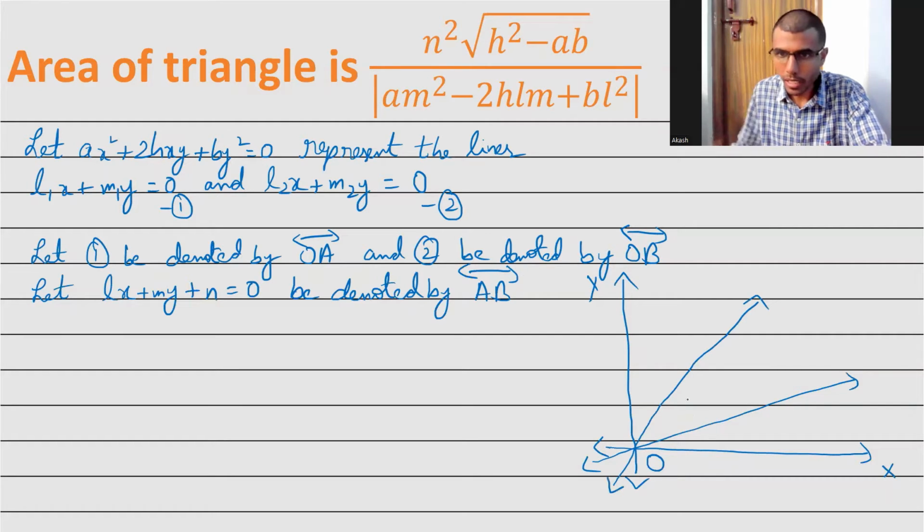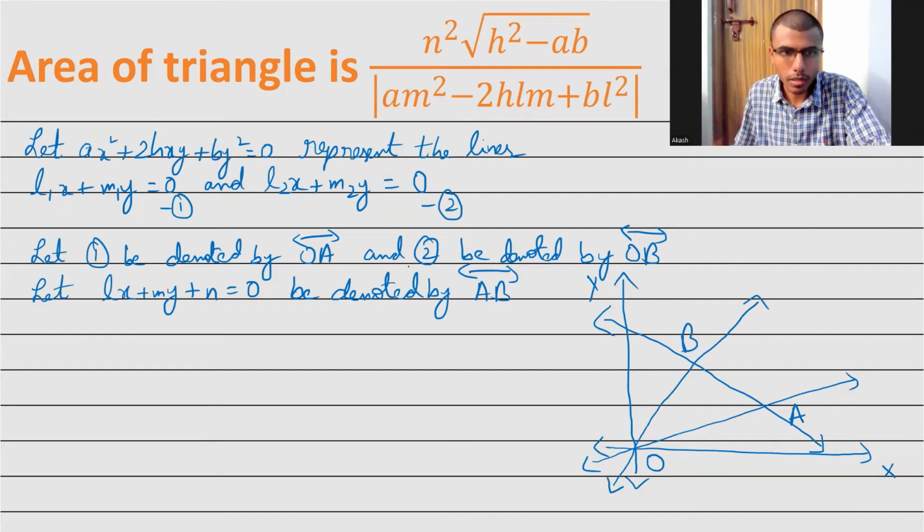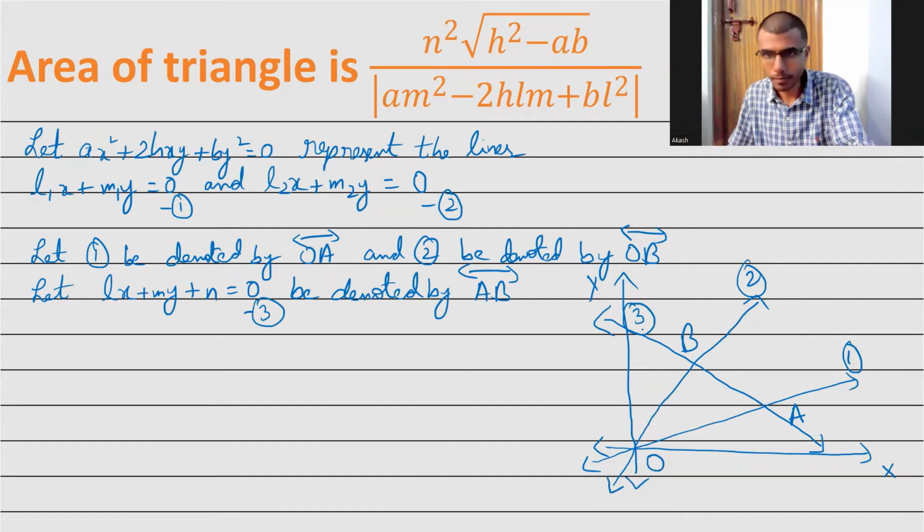This would be my OB and this is my line 3. So basically this is my line 1 OA, this is my line 2 OB, and AB is my line 3.